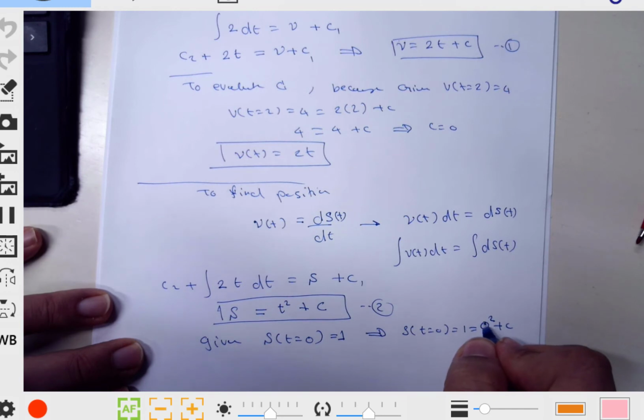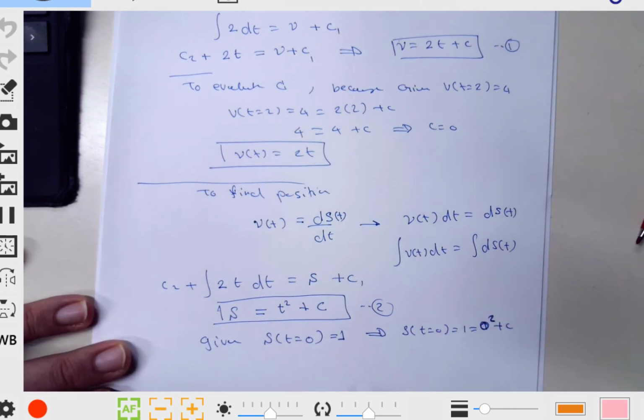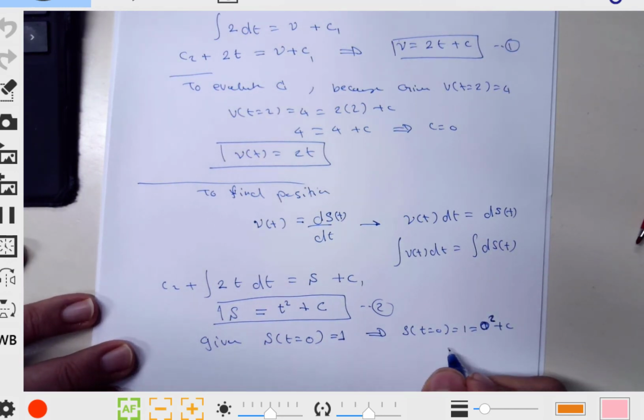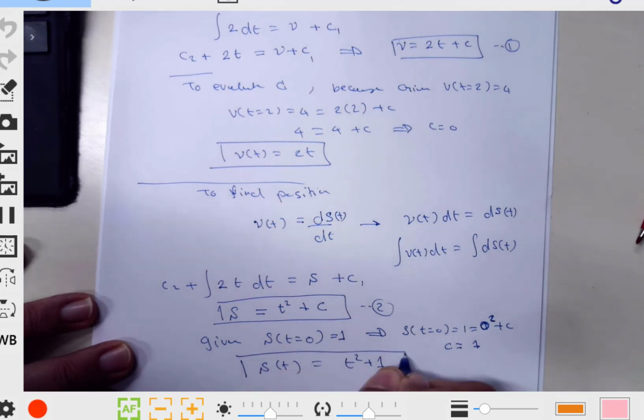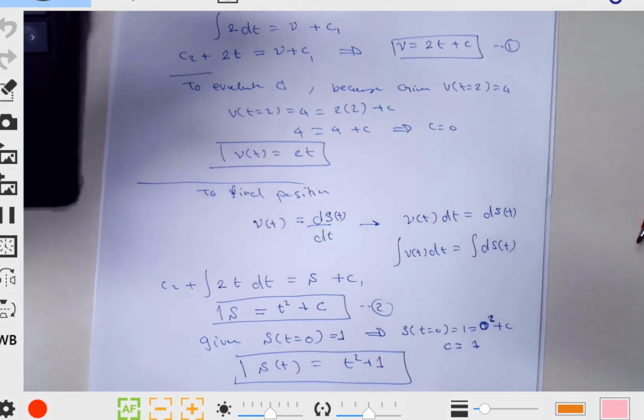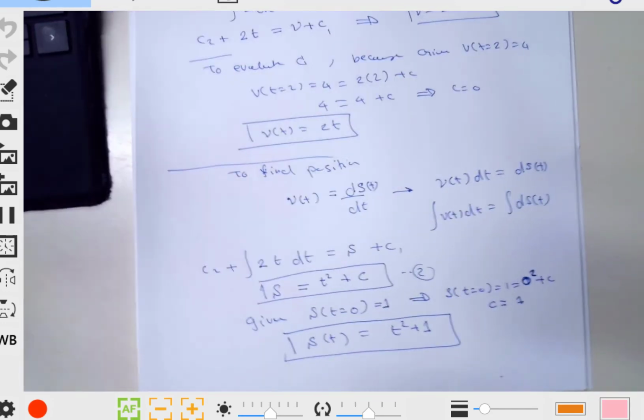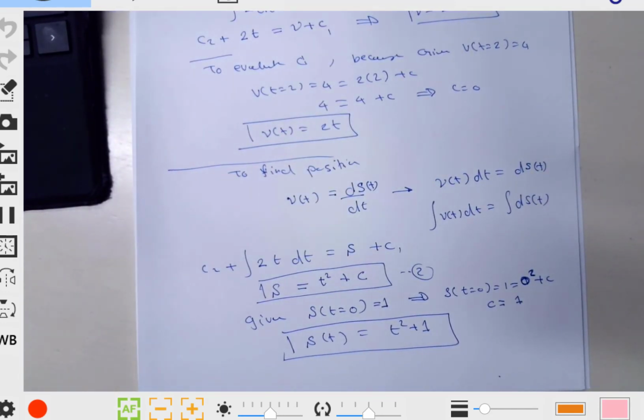Sorry, this is 0 square plus c, and then c is going to be equal to 1. So therefore s as a function of time equals t squared plus 1, right? All right, so that concludes the example.